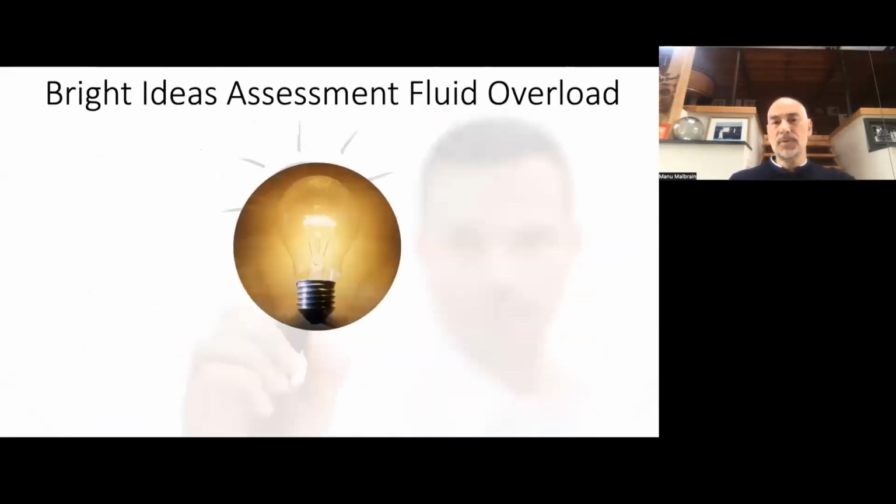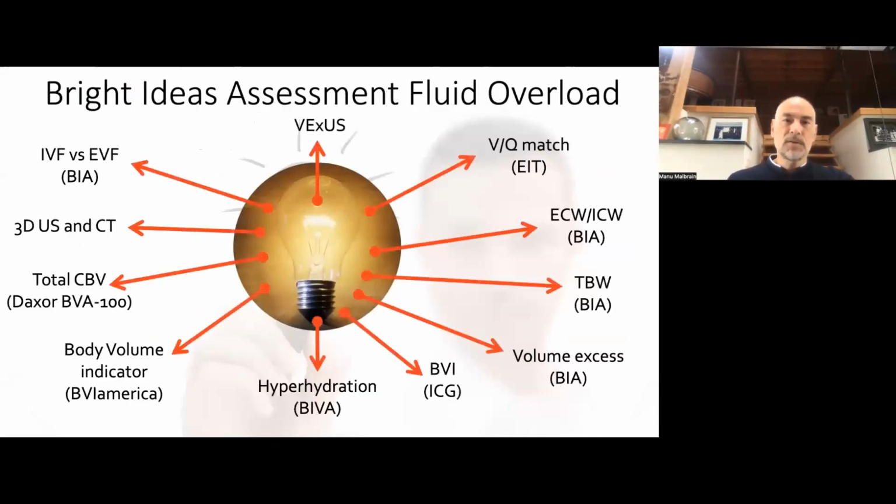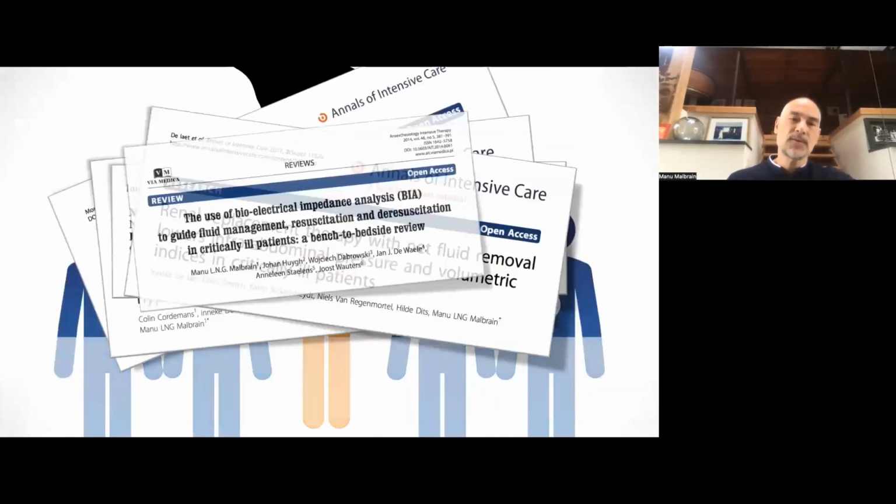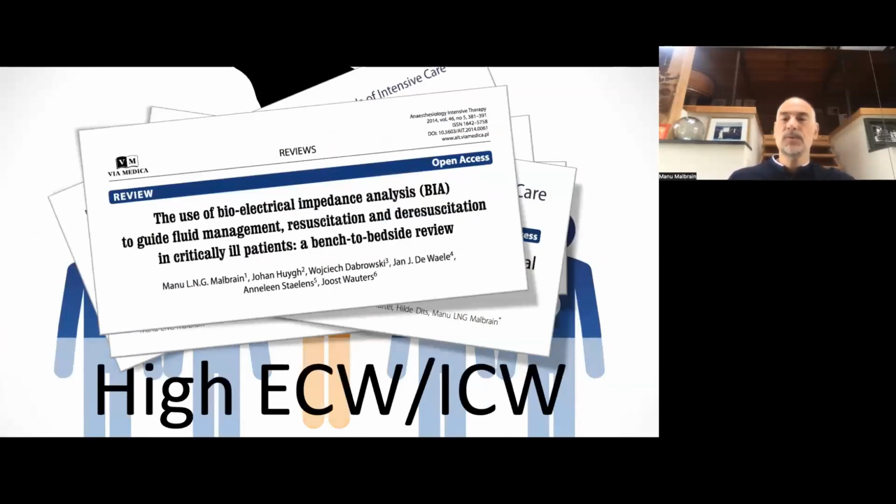Maybe some other monitoring tools in the future, and I will discuss briefly, like bioelectrical impedance analysis, circulating blood volume calculation with radioisotope labeling of albumin, and VEXUS. So what about the ratio between extracellular and intracellular water?